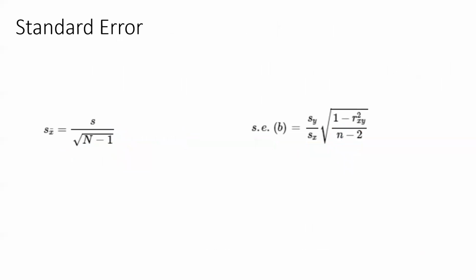Allison also talks about the calculation of standard error, and he gives a more complex formula here compared to the one that we used earlier in the semester. The standard error formula was the standard deviation over the square root of n, or n-1 if you have small samples. For the regression equation, it's more complicated, but some of that same information is there, and so there's some connection between those things.